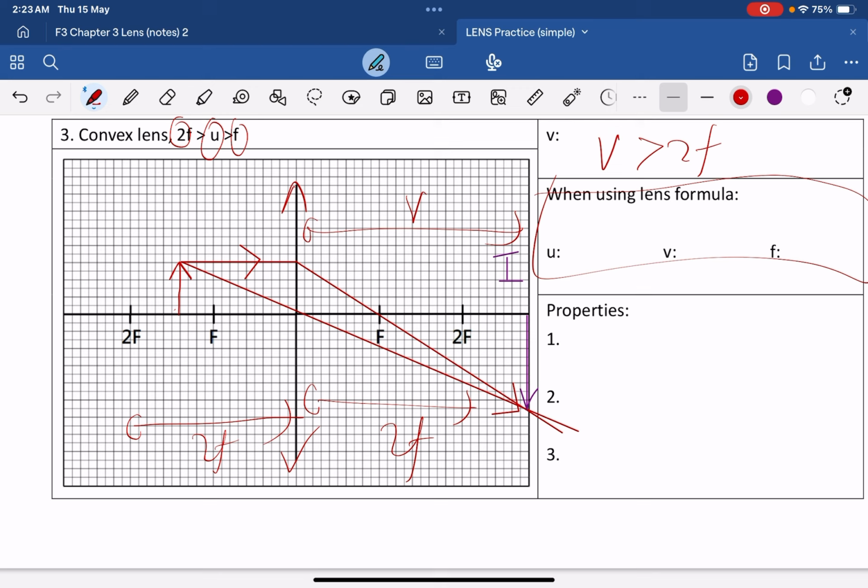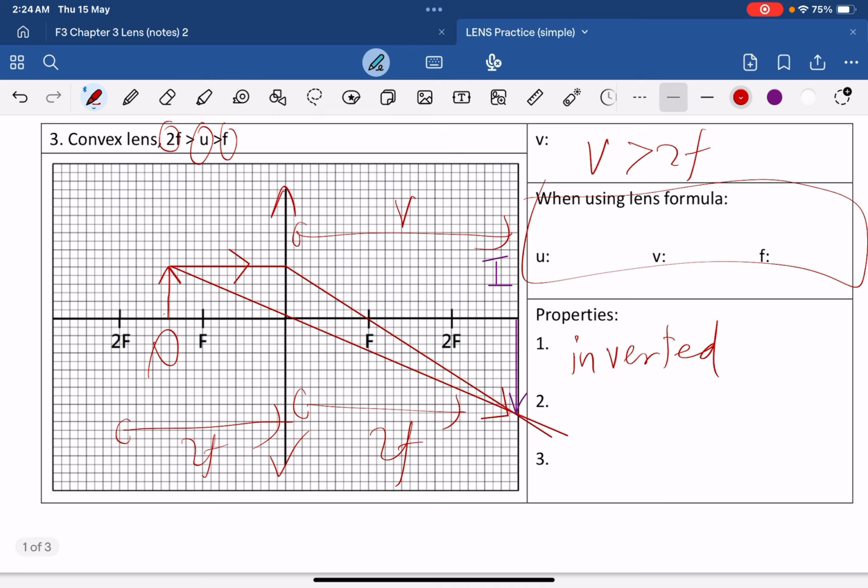And for the property, you see it's pointing down, so it will be inverted. Okay, the object is pointing up, as you see, but the image is pointing down, so it's inverted. And also, light rays form the image, so it will be a real image.